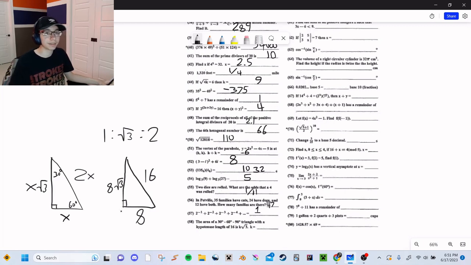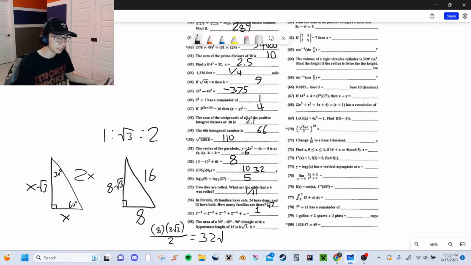And now let's get the area of this triangle. You guys know how to solve for area. That's base times height over 2. Our base is 8. Our height is 8 root 3. We'll divide by 2. So the area of this triangle is 32 times the square root of 3.